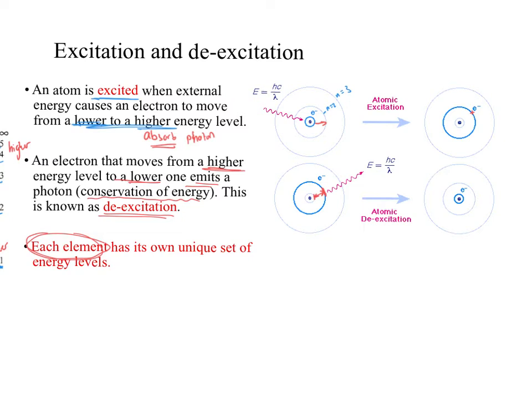So no single element will have the same energy levels, which is quite unique because we can identify what elements each star has in their core, well, around their core at least, mostly, which we're going to see as well in a second. So it's basically like a fingerprint. Each fingerprint is unique to the person, so you can identify what elements exist in a star based on analyzing the light coming from it, and we're going to see that.